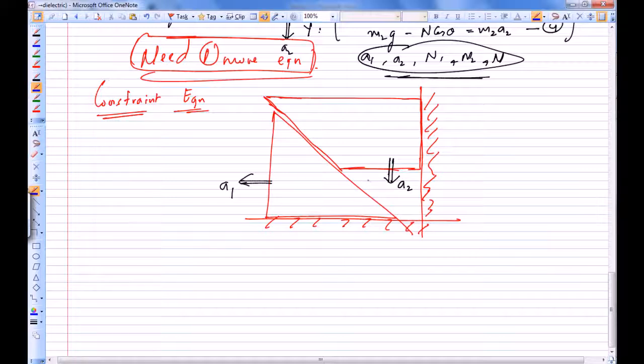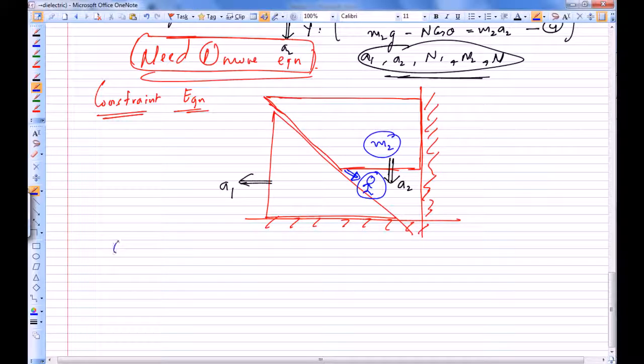Now if there is an observer on this mass, then the motion of m2 with respect to this observer is along this direction.